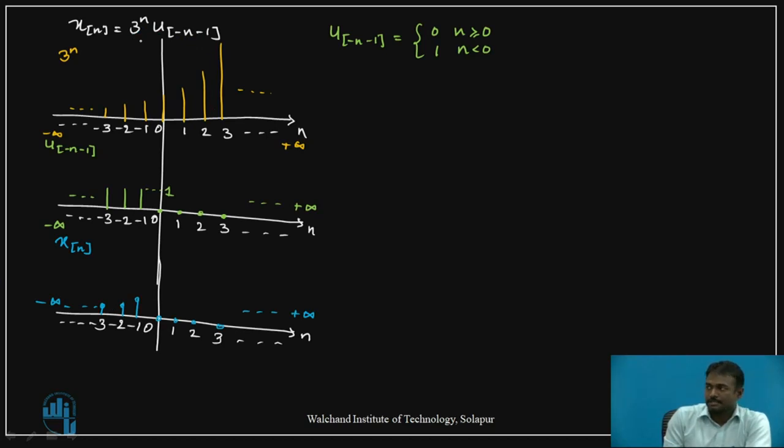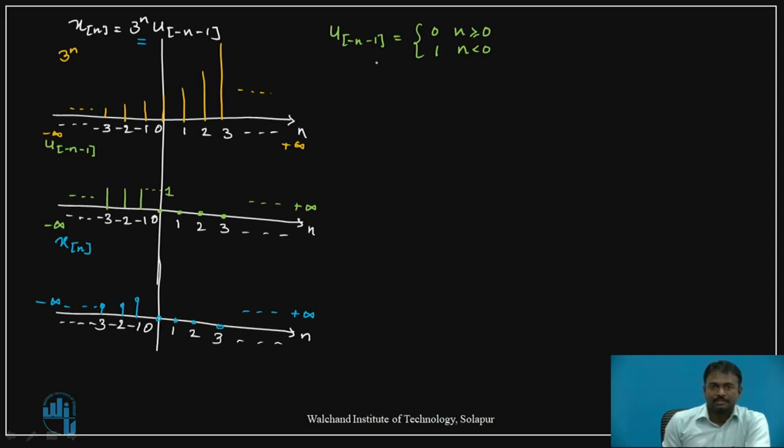We know that x of n is a product of 3 to the power n into u of minus n minus 1. In the first graph, we have sketched the signal 3 to the power n, which is a growing exponential signal, and it exists all the way from minus infinity to plus infinity. In the second graph, we have plotted the modified version of unit step signal u of minus n minus 1.